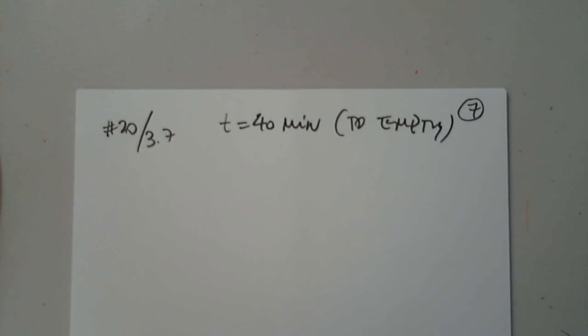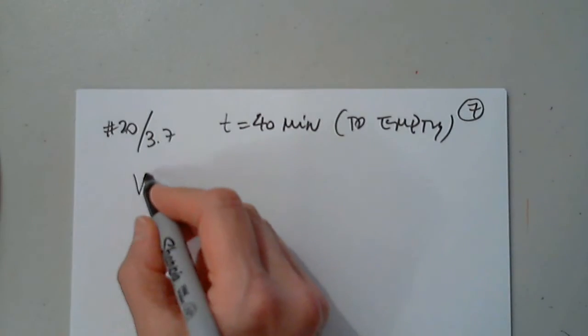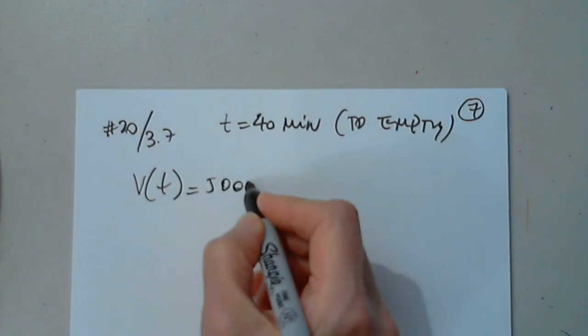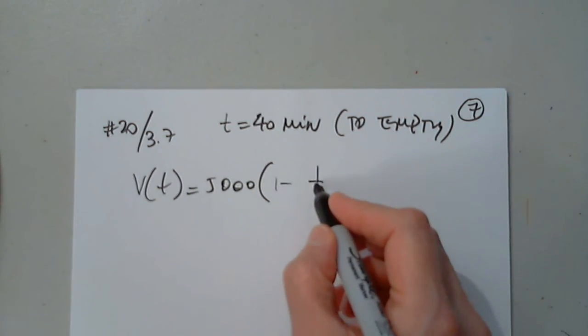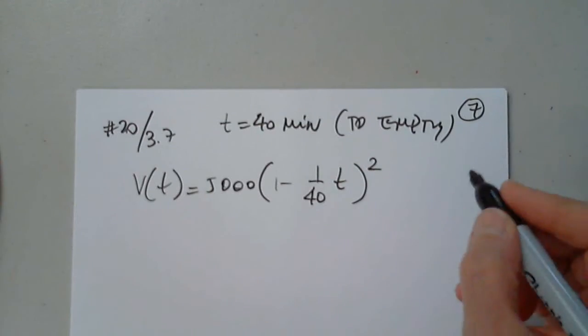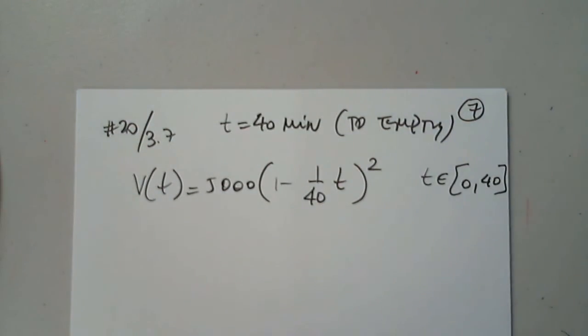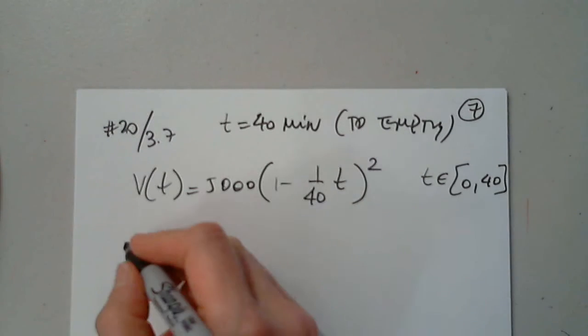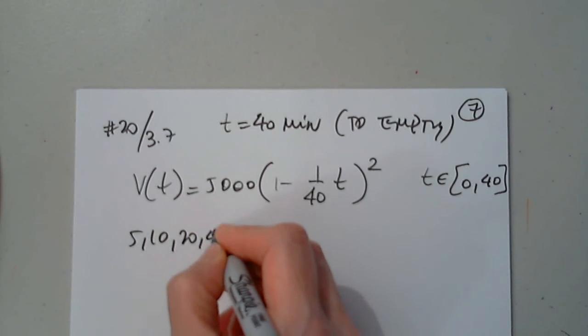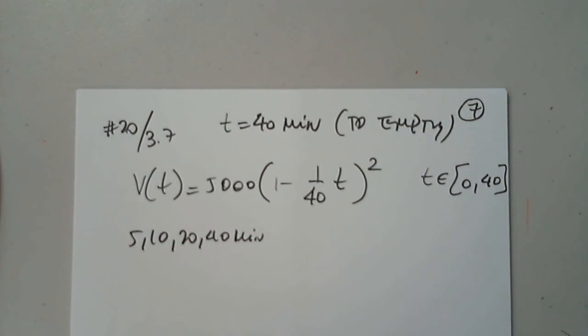Then Torricelli's law gives the volume V of water remaining in the tank after t minutes. So it's V of t equals 5,000 times (1 minus 1 over 40 t) squared, for t between 0 and 40. Find the rate at which water is draining from the tank after 5, 10, 20, and 40 minutes. And then at what time is the water flowing out the fastest?